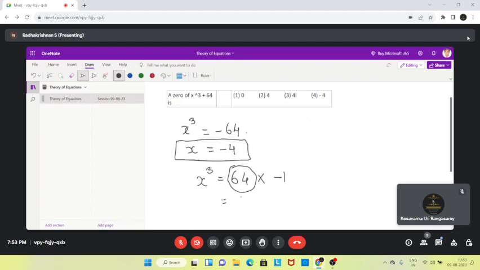Now 64 is 4 cube, that we know, right, into minus 1. Now how can we write it in polar form? Minus 1, sir, i square. No, I wanted to write it in polar form, not in square and all.